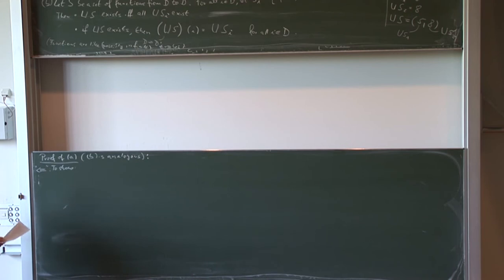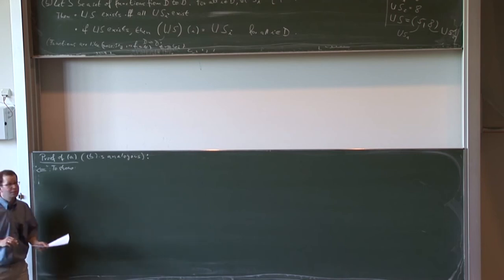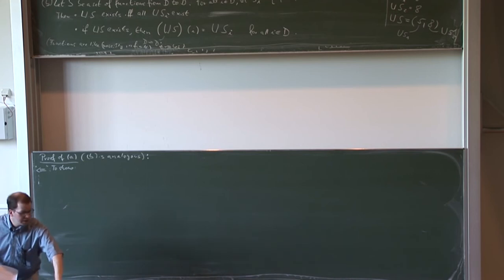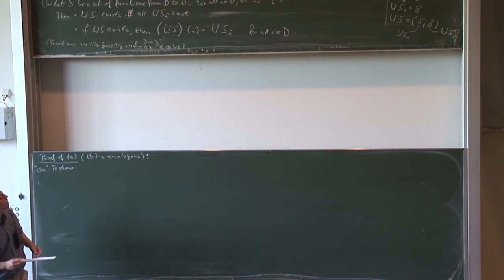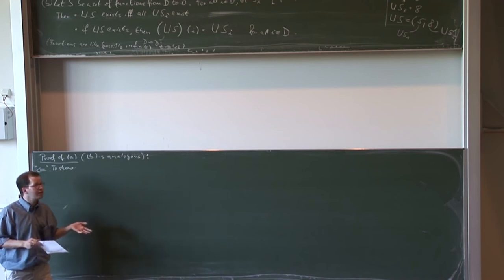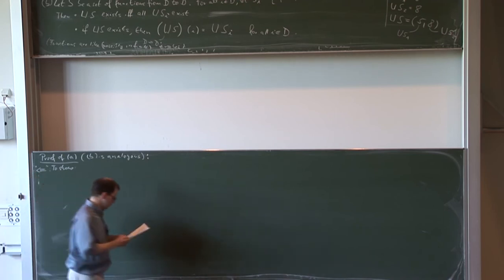I prove that if all, now we look at tuples, and if all the least upper bounds for the projections exist, so the least upper bounds of S1, S2, S3 until Sn, then the least upper bound of S exists as well, and as required by the lemma, it's the tuple where the first component is the least upper bound of S1, the second one is the least upper bound of S2, and so on.